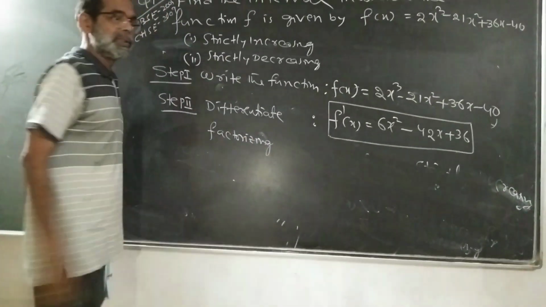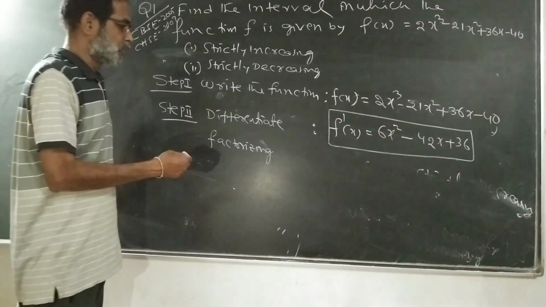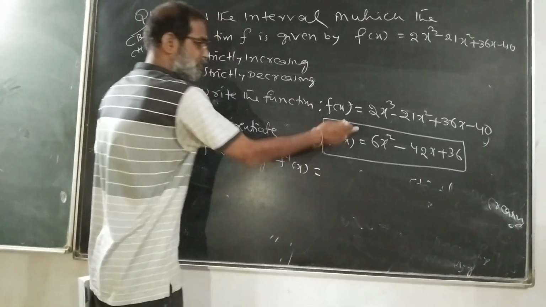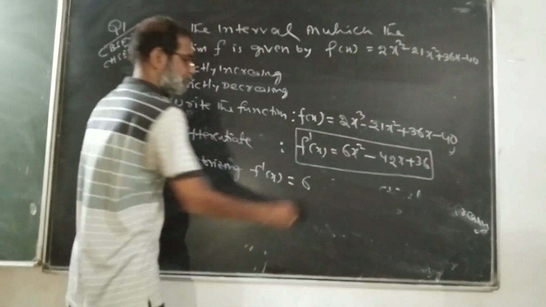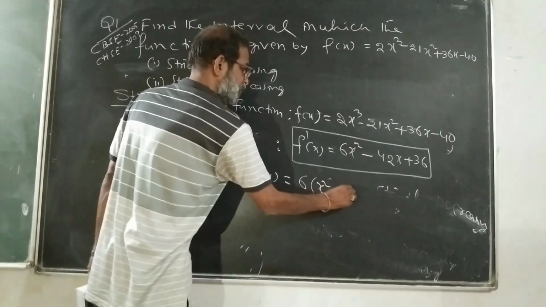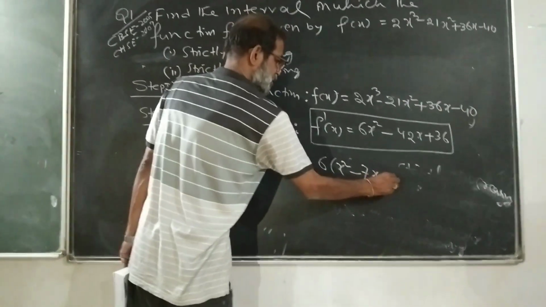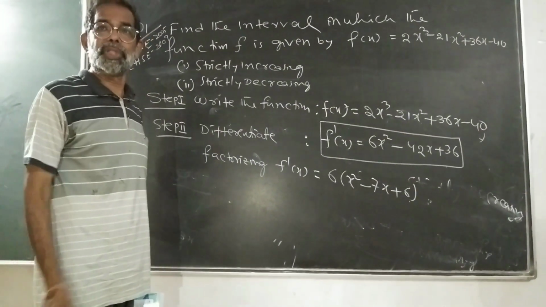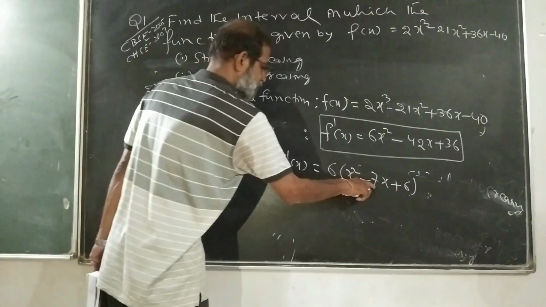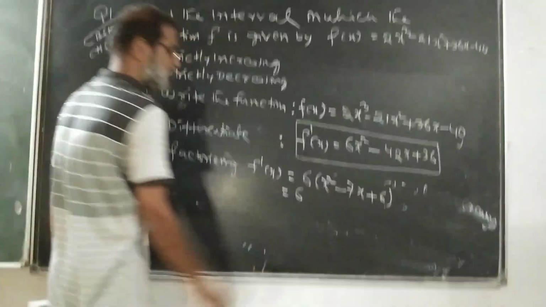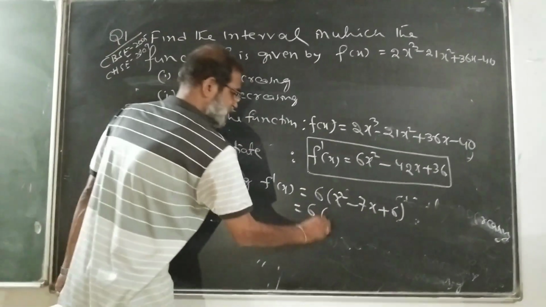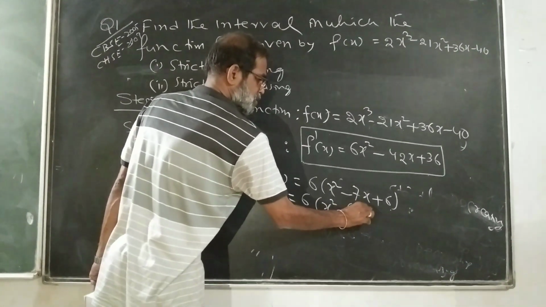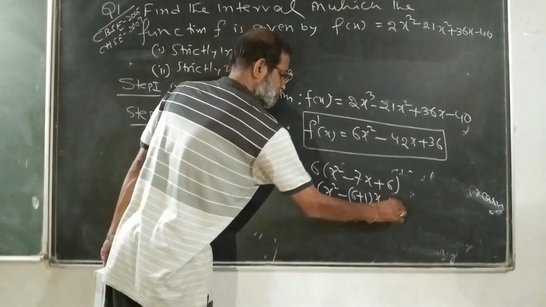Factorizing. f dash x equal to, if common, take 6 out: 6 into x square minus 7x plus 6.